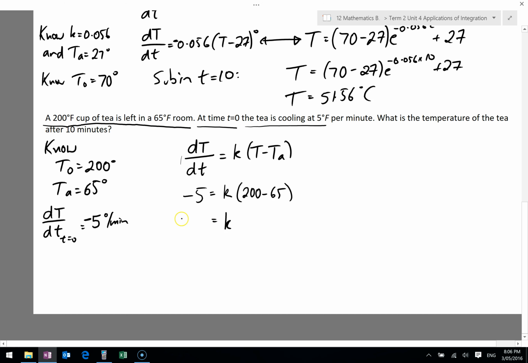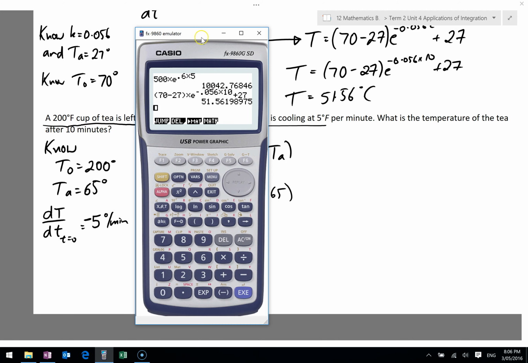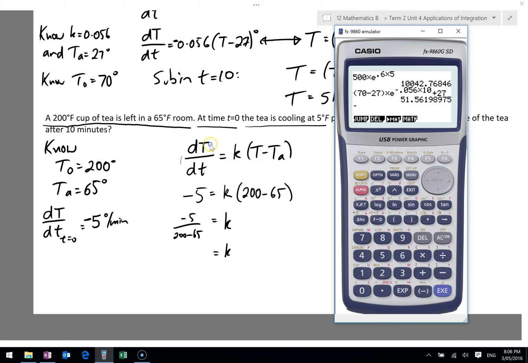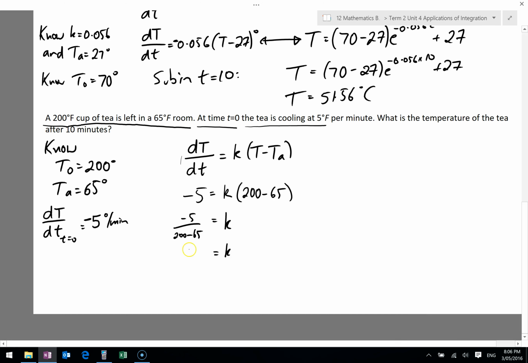So my k value will be minus 5 on (200 minus 65). I should be able to find some simpler fractional representation of this. Okay, no fractions for me. And minus 1 on 27, that's better.